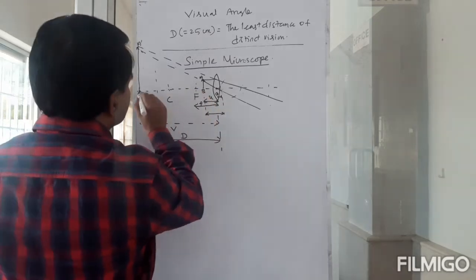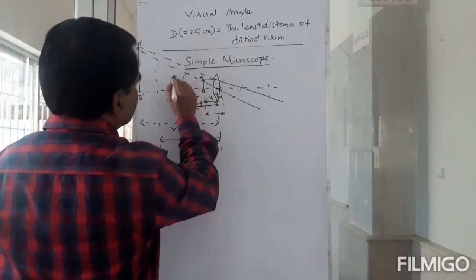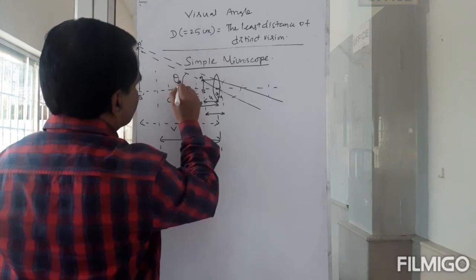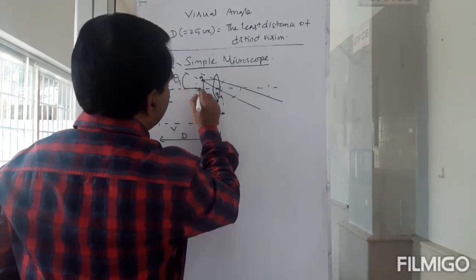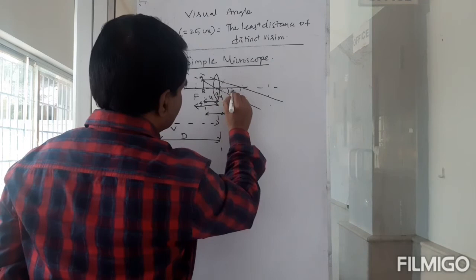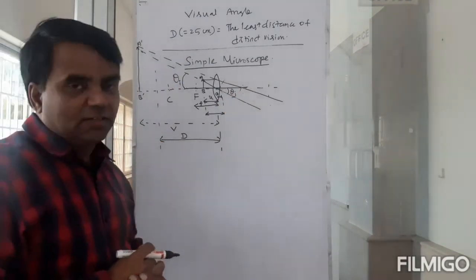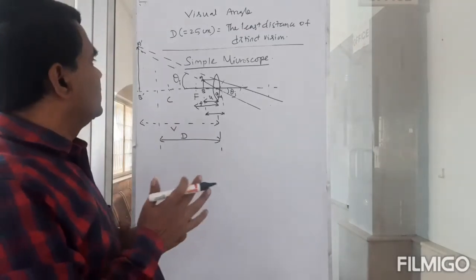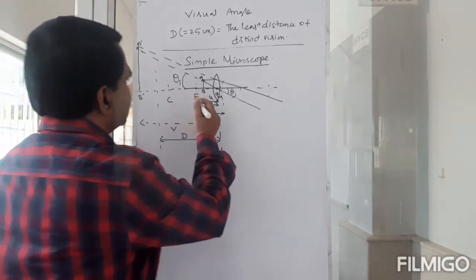So notice this is the angle the instrument makes with my eye here. And then what is that angle? I can use the tan theta thing, right? So tan theta.